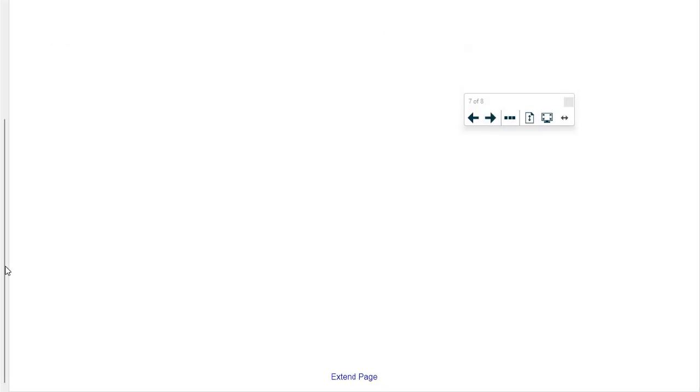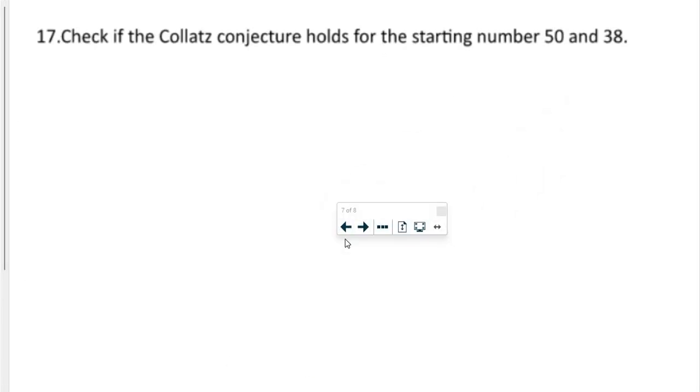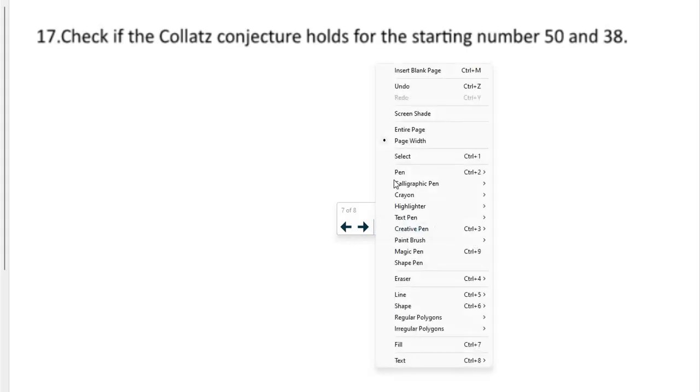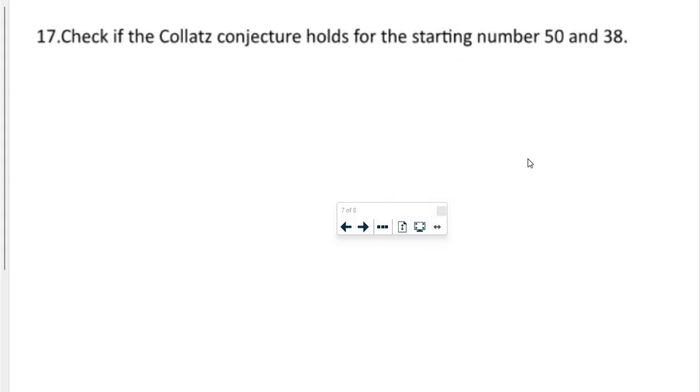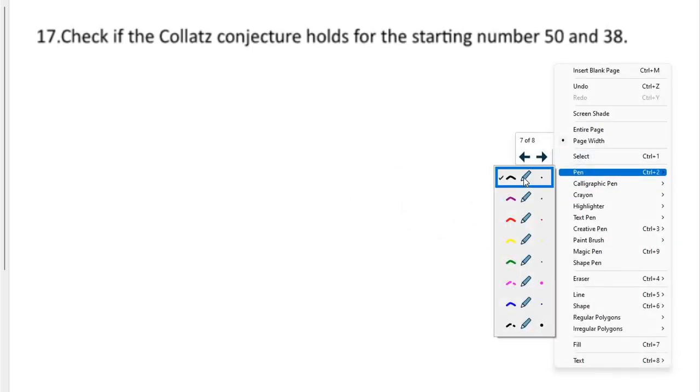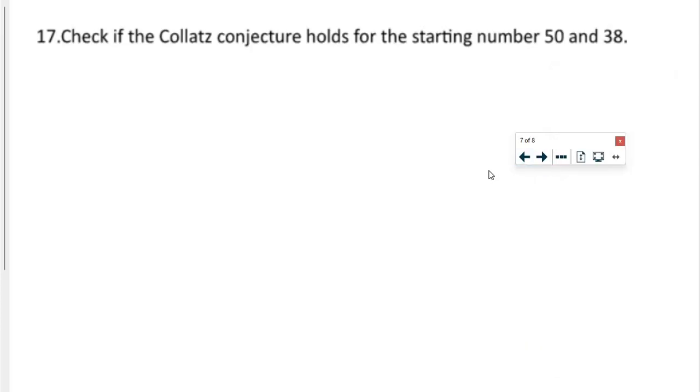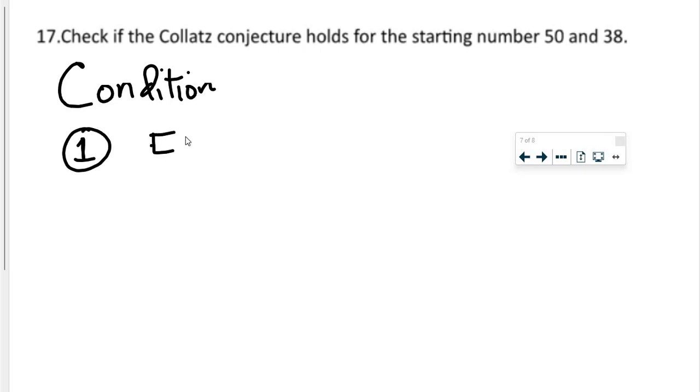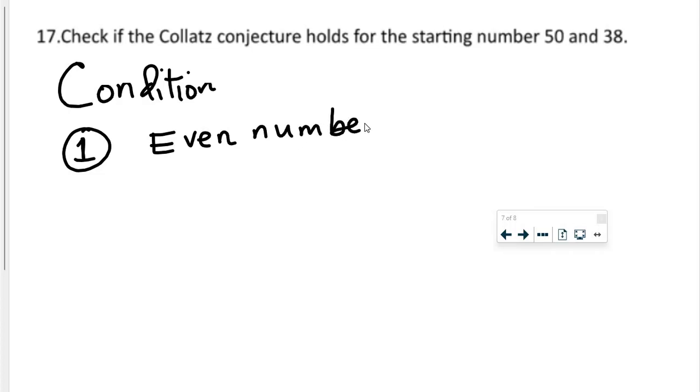This is the next question, which is talking about Collatz's conjecture. Now, Collatz's conjecture is very interesting. It is very, very interesting, and it is confusing also. So you need to understand the logic. Okay? So the condition we use: if the number is even, then we take that even number, we divide by 2.